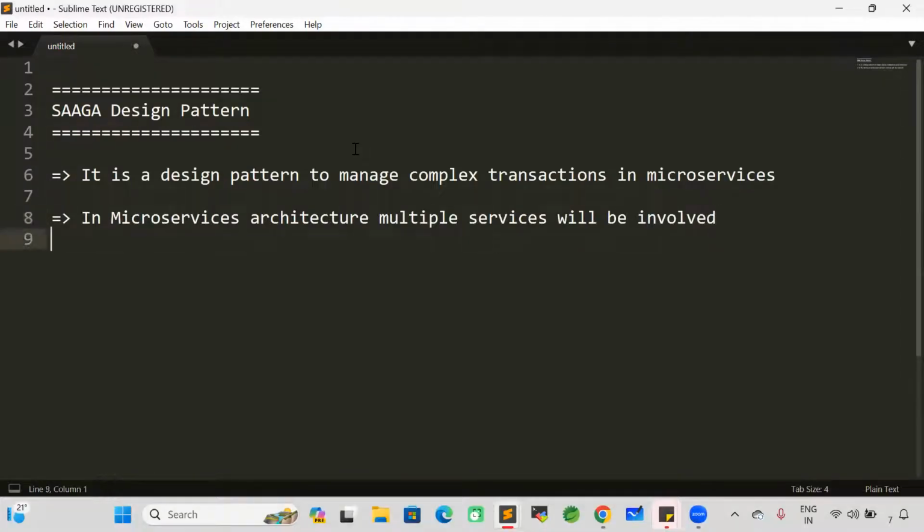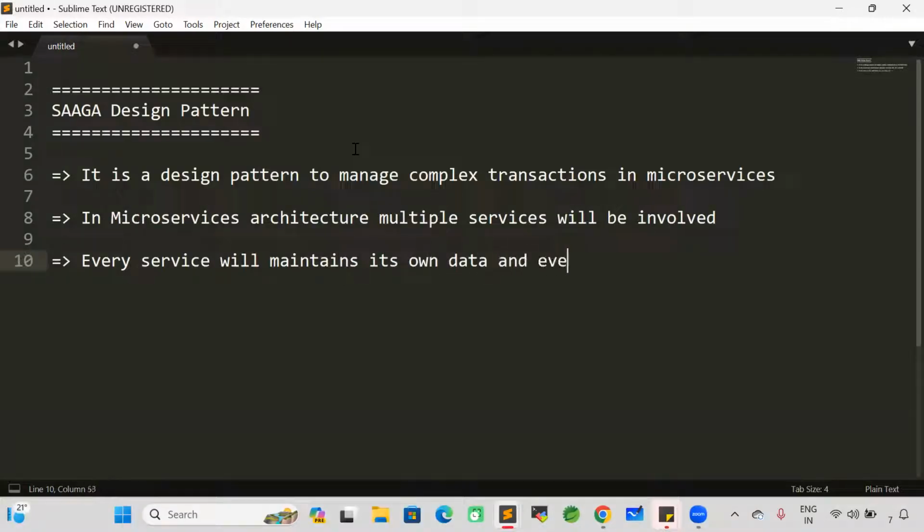Every service will maintain its own data and every service is responsible to perform a specific operation.